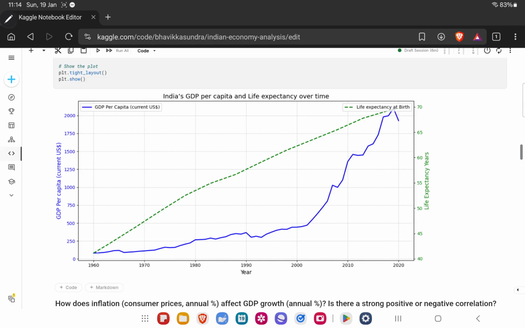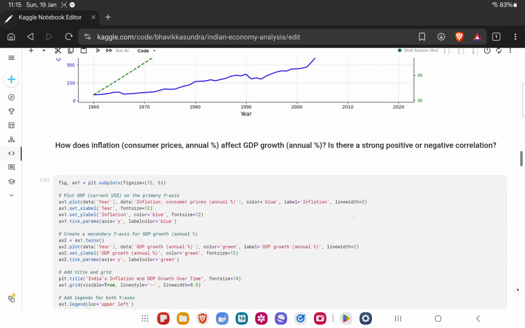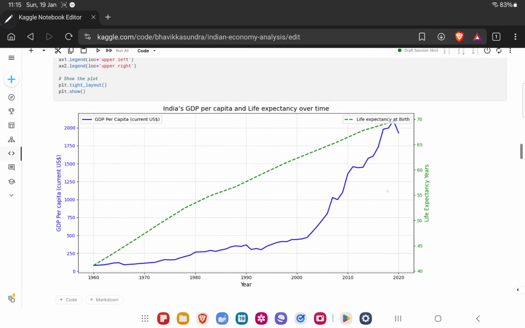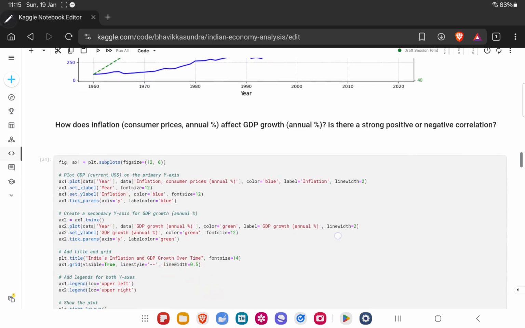In the 1960s life expectancy was 40 years, because there was a higher death rate, so the average was lesser. In 2020 life expectancy was nearly 70 years. It signifies that the average age a human being lives to has increased.